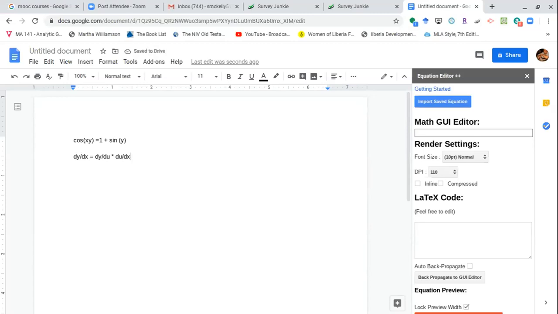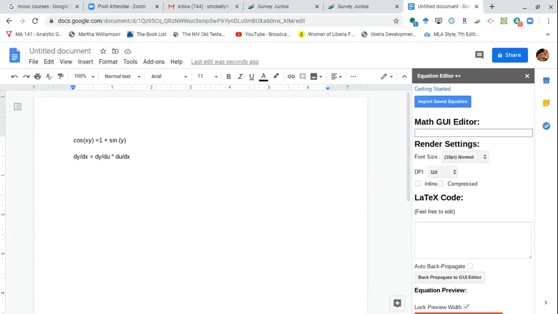So y is a function of u, and u is a function of x. So y is a function of x, and u is my inner function. This is from yesterday.